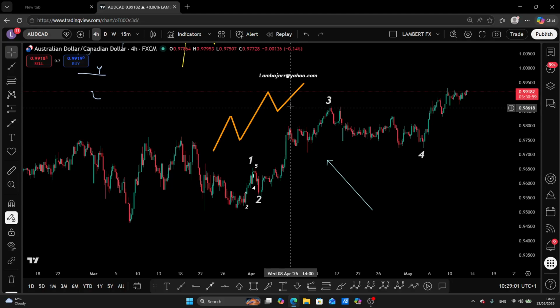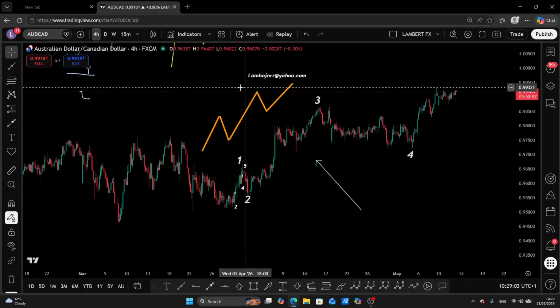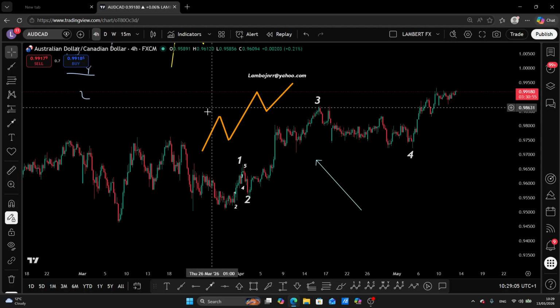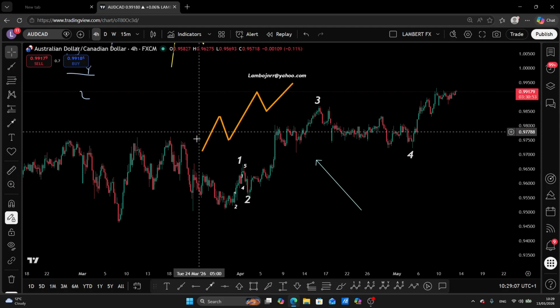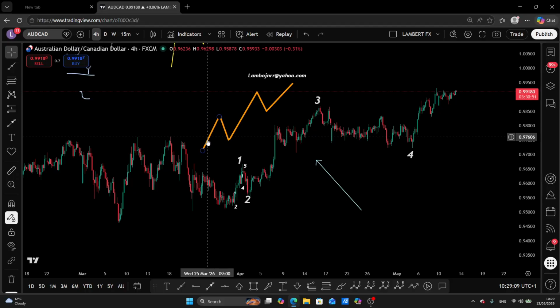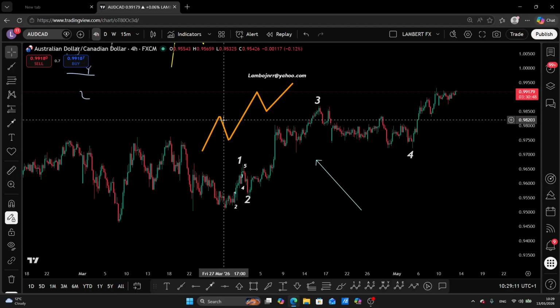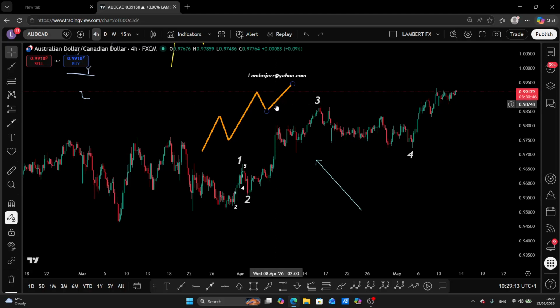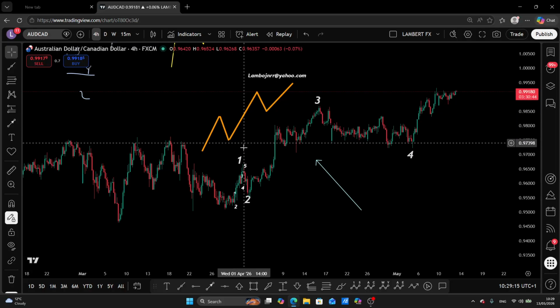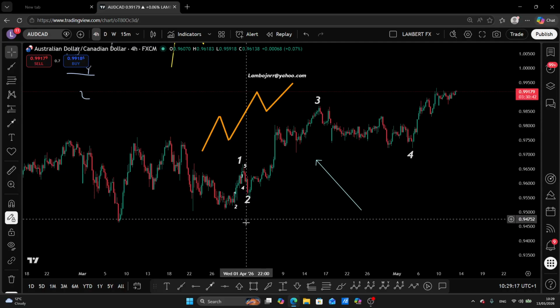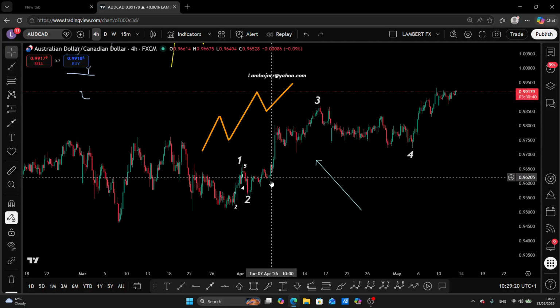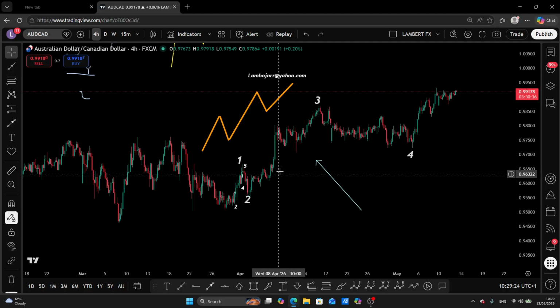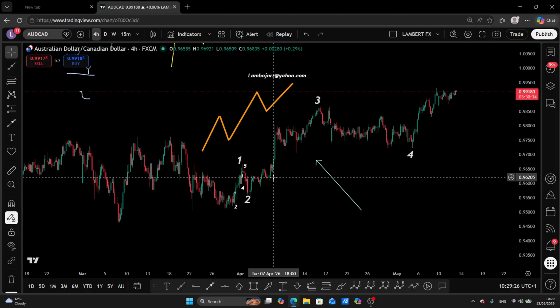So this is called a motive wave, which is a type of motive wave, an impulse. In this wave, the third wave is the one that you need to catch because this is the largest of the 5 waves.